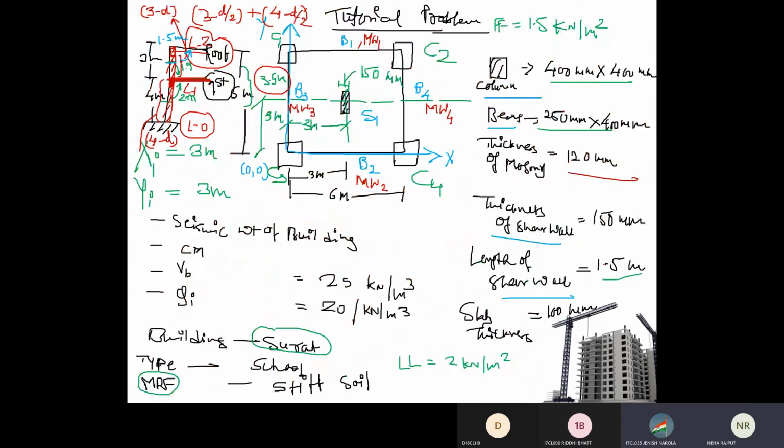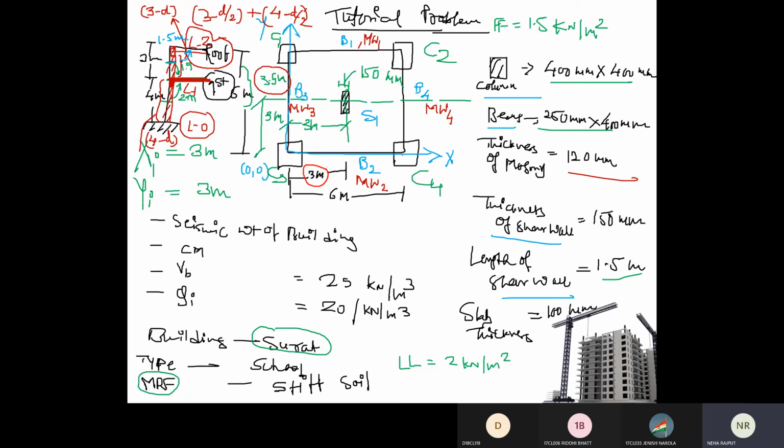Okay, so we'll calculate center of stiffness for this particular plan. Now again, as this is a regular, symmetrical building, you will get your center of stiffness at 3 meter distance only. Do you know why this will happen?